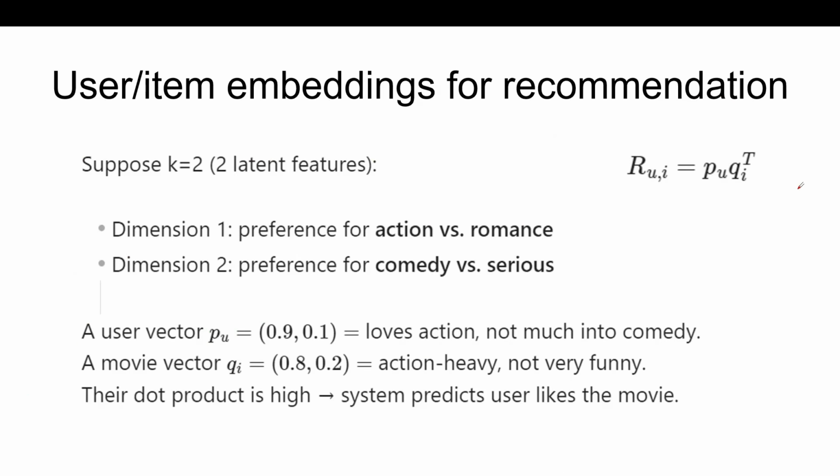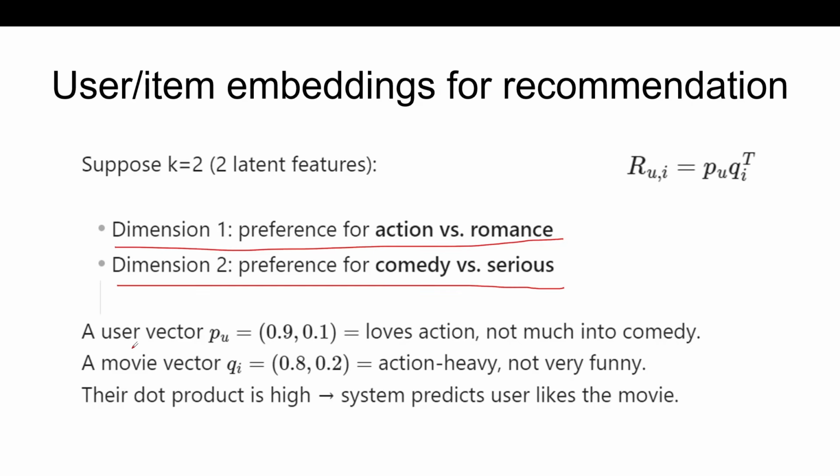For example, if we take two-dimensional embeddings, one dimension could be that this user has a preference for either action movies or romance movies, and a second dimension could be that this user has a preference for either comedy or serious movies. Similarly, the items will have embeddings saying that this movie is for action or for romance, and the second dimension says this movie is more related to comedy or more serious.